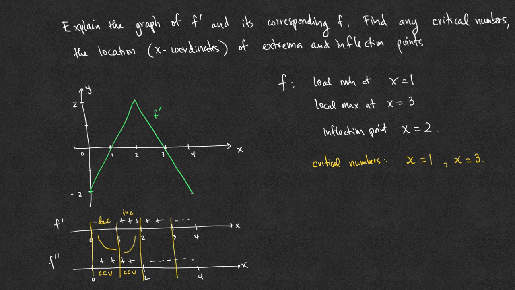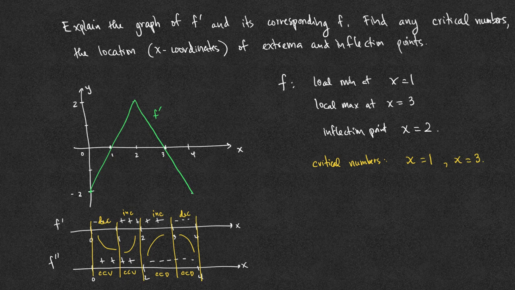From 2 to 3, the graph of f is increasing and concave down. From 3 to 4, the graph of f is decreasing and concave down. The shape is decreasing and concave down.